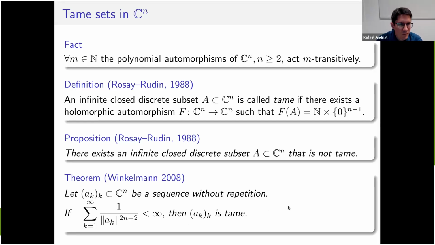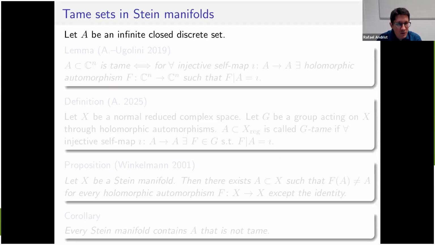So now the question is, of course, how do we generalize this notion to manifolds, right? Because this is very specific for Cn. A tame set, well, it's the natural numbers lying on the coordinate axis. Well, this is what I investigated together with Riccardo Ugolini.